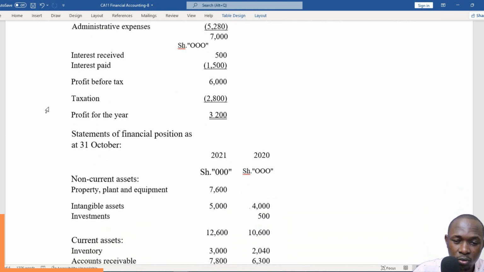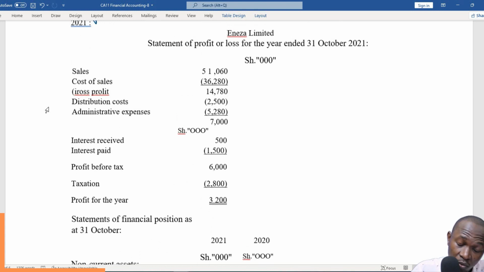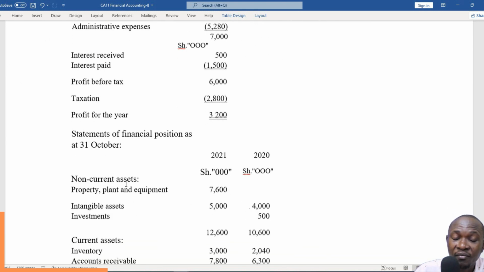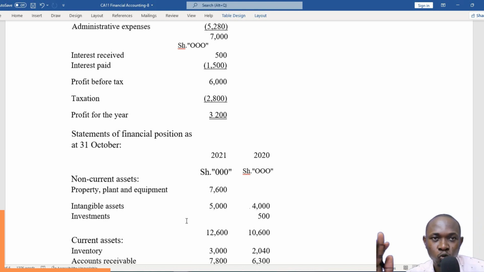Now, don't get carried away here by anxiety or something. Normally, a question on cash flow statements will always have an income statement, which is what we've just gone through, and it will also have the statement of financial position, commonly referred to as the balance sheet, and the balance sheet will come in 2 years.